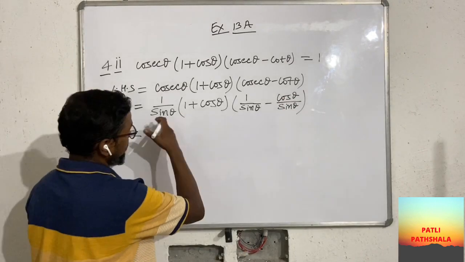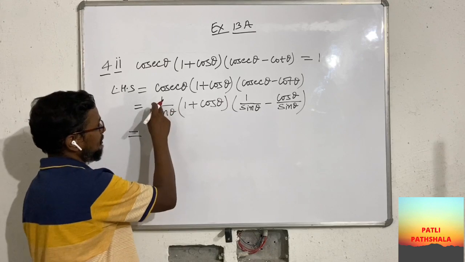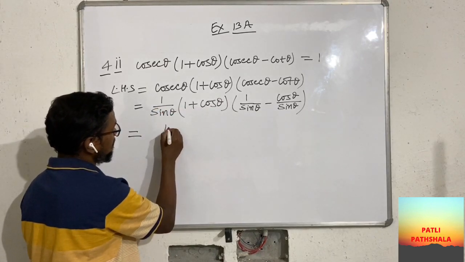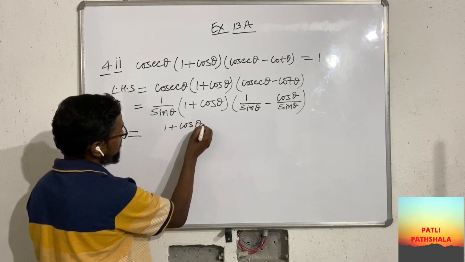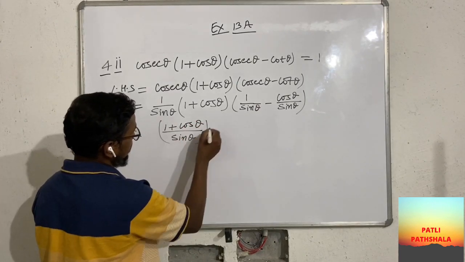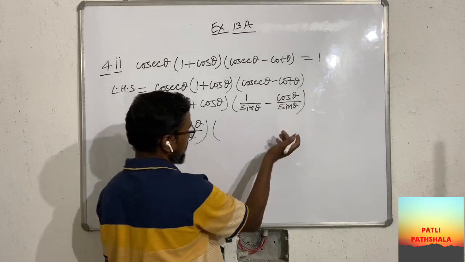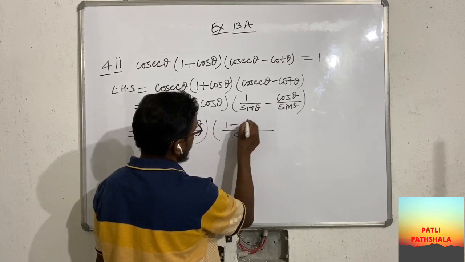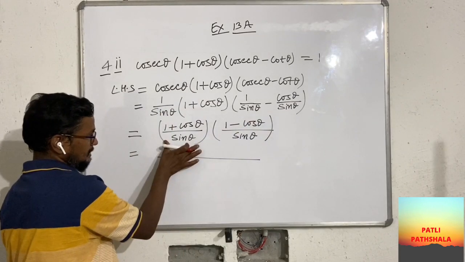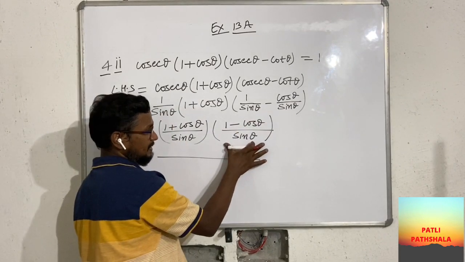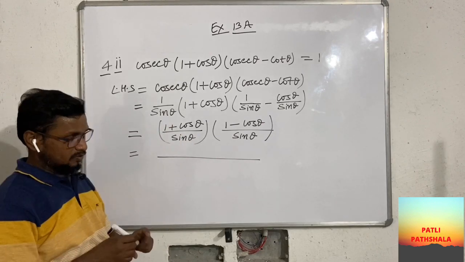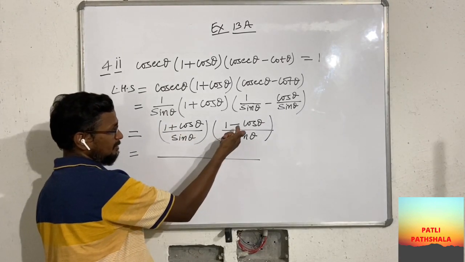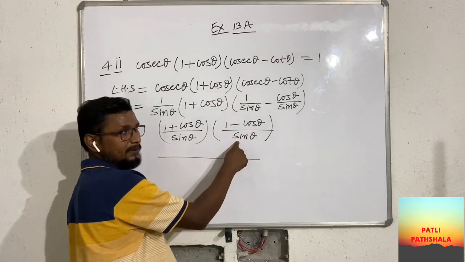There is a product between all these expressions. So 1 by sin theta into 1 plus cos theta can be written as 1 plus cos theta by sin theta, and this is being multiplied by this expression, which can be written as 1 minus cos theta by sin theta. As we know how to multiply two fractions, numerator is multiplied by numerator and denominator by denominator.